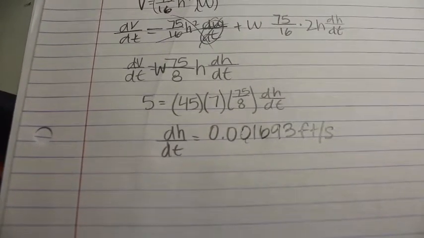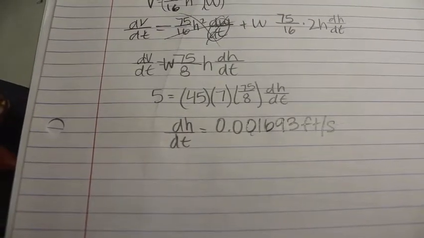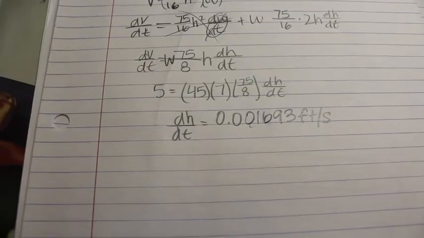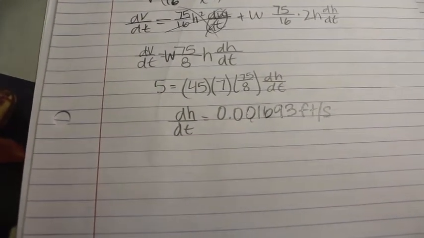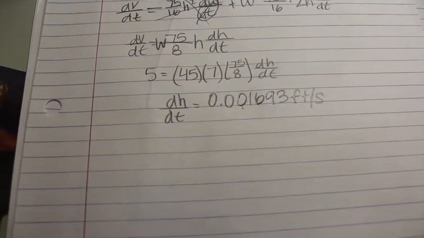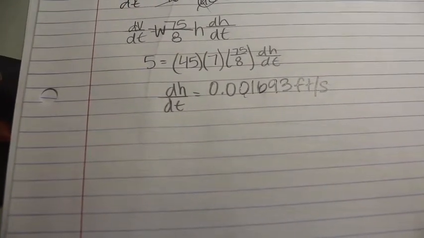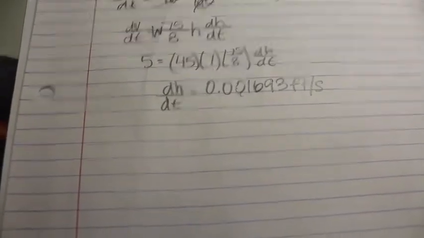Then we have dV/dt equals W times 75 over 8 H dH/dt. Then you can plug in the numbers and you get 5 equals 45 times 7 times 75 divided by 8 dH/dt. And then you solve for dH/dt, which is 0.001693 feet per second.